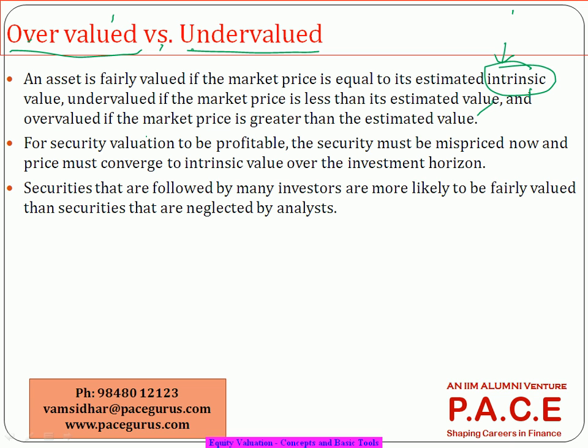So we may say that that particular asset is undervalued, and probably we can go for a buy decision on it. Whereas whenever the market price is greater than the intrinsic value, we call it overpriced, and it is better not to buy, or probably to sell off the asset. That is where we use the word mispricing.